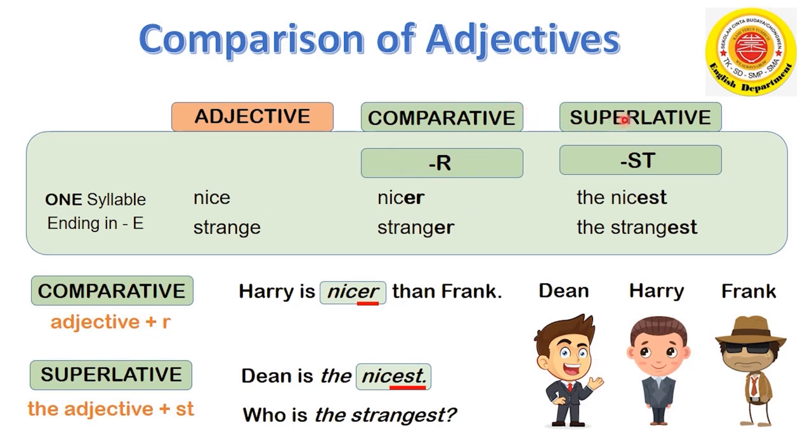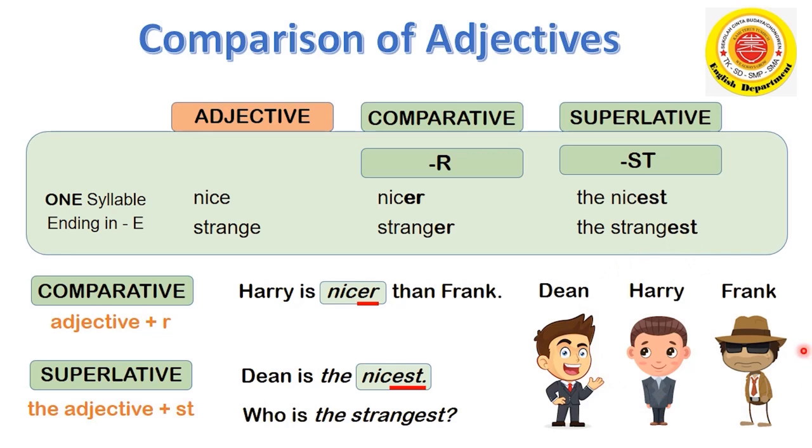And if you want to make the superlative, you just need to put st. So nice becomes the nicest, strange becomes the strangest.